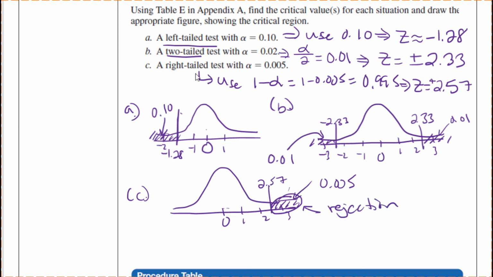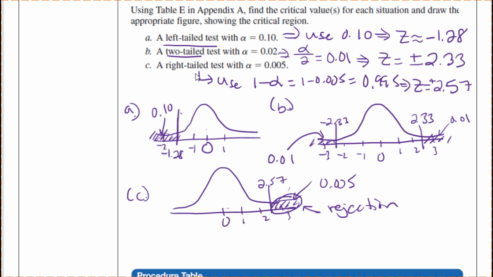So if we're there and we reject, then there's a 0.005 chance that we're wrong, okay? Because 99.5% of the time, we're gonna be okay. But if we're in the rejection region here, we just happen to be here and we reject, then there's a small chance that we're wrong.